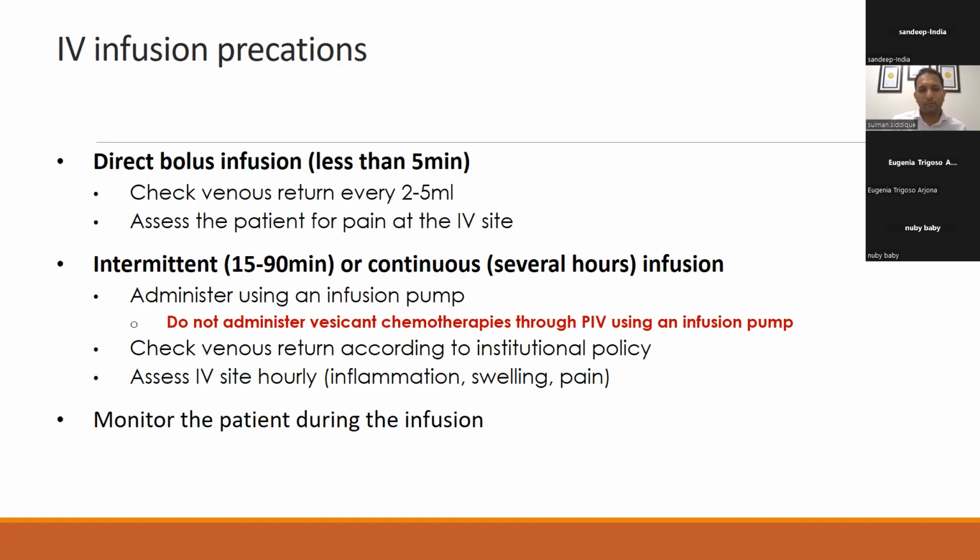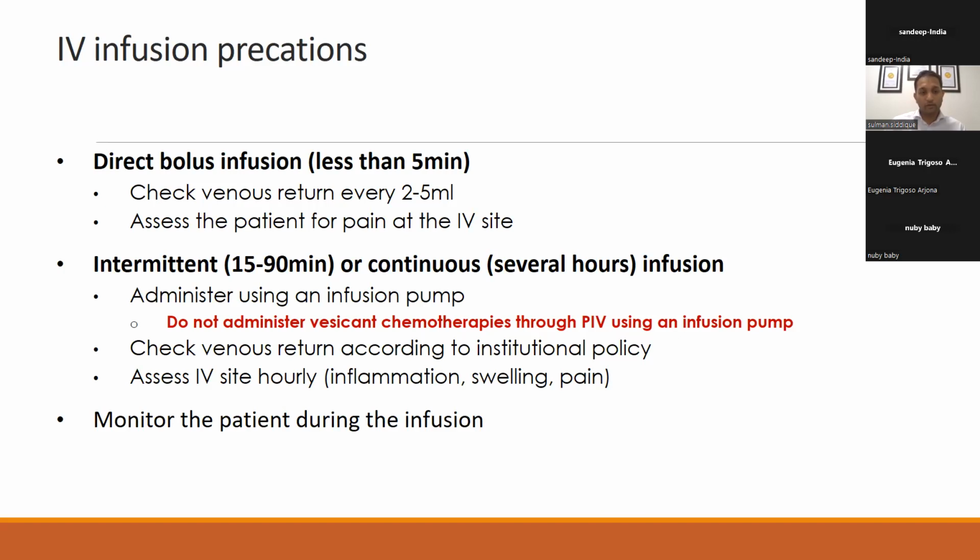Assess the patient for pain at the IV site. So you can ask them every 30 seconds or so about pain at the IV site. And if there is pain, then you will stop and investigate what the pain is, because you don't want the drug to be going outside of the vein.